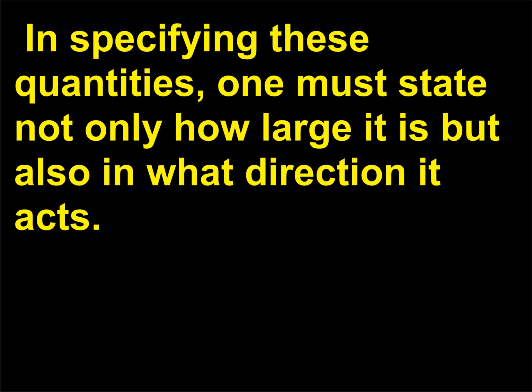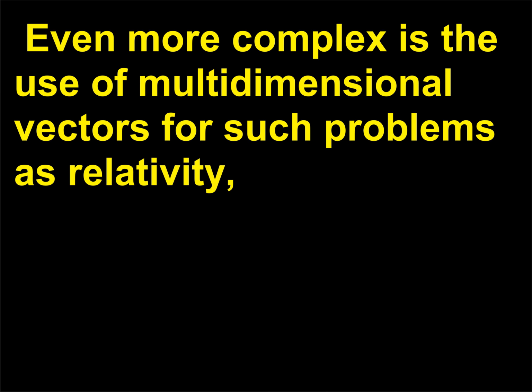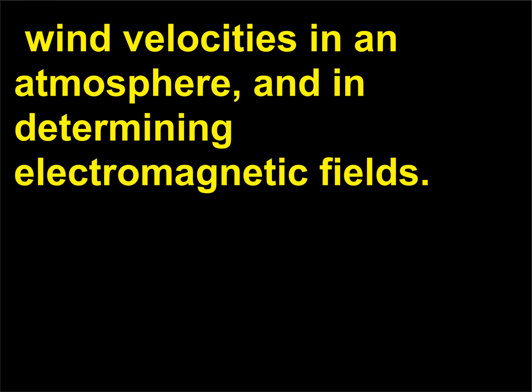In specifying these quantities, one must state not only how large it is but also in what direction it acts. Even more complex is the use of multidimensional vectors for such problems as relativity, wind velocities in an atmosphere, and in determining electromagnetic fields.